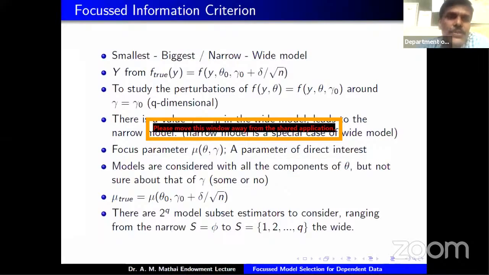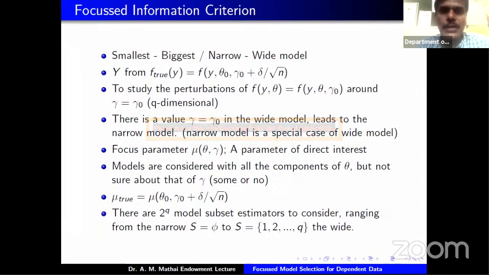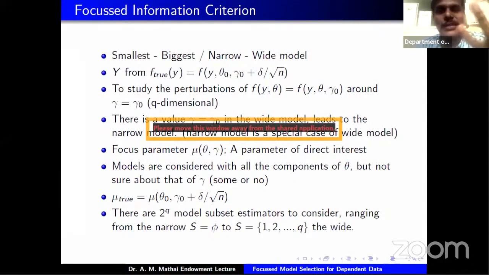In a realistic sense, the selection we are actually doing is only on gamma naught, but theta will be there in all the models that we are considering. The theta part is there in all the models. If you don't have that theta part, then you will be doing the model selection with this. So to study the perturbations of f(y; theta, gamma) around gamma equal to gamma naught, we assume that this is a q-dimensional thing.